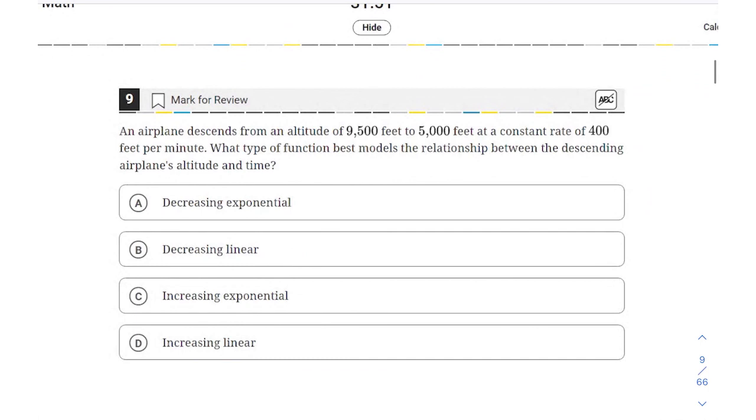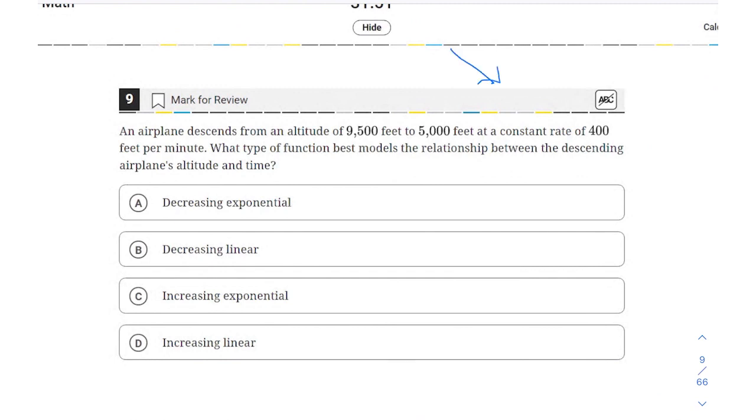So here it says an airplane descends from an altitude of 9,500 feet to 5,000 feet at a constant rate of 400 feet per minute. What type of function best models the relationship between the descending airplane's altitude and time? Well, we know that we're descending. We're going down.